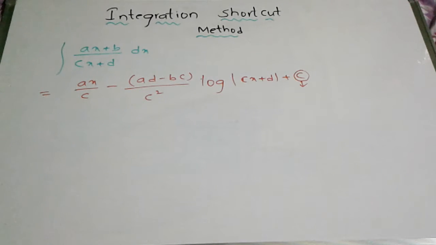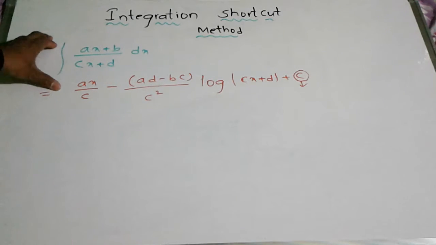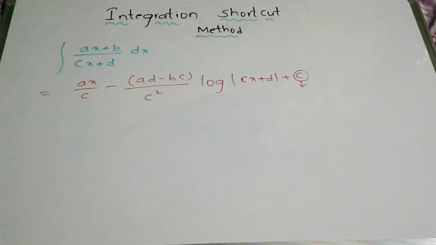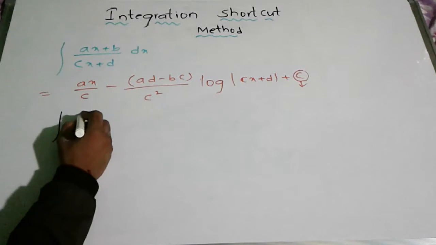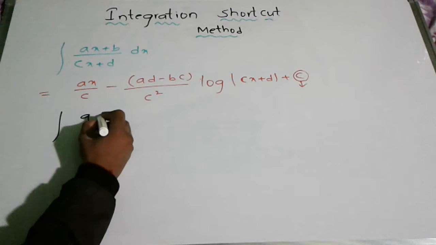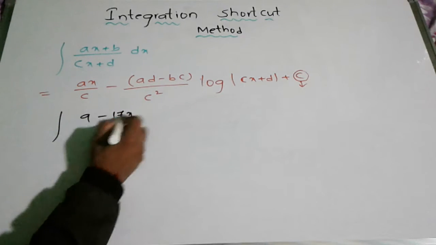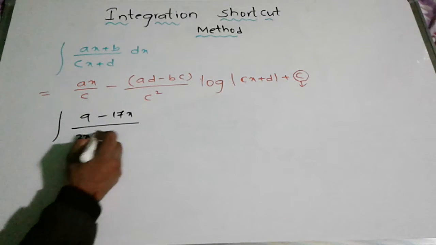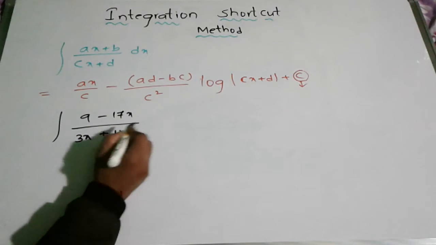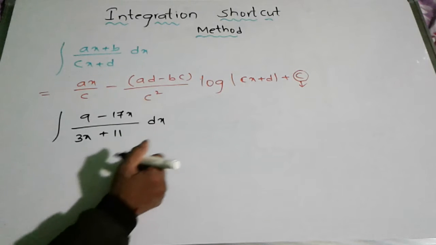Okay guys, I want to say one thing. In the exams you may not get the problems like this. You may get them in this way also, that is (9 minus 17x) upon (3x + 11) dx.